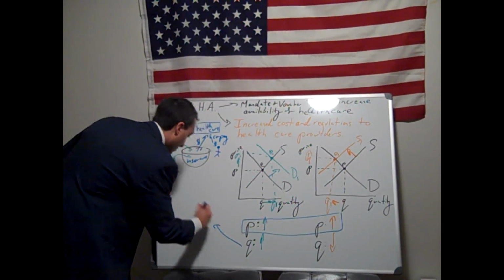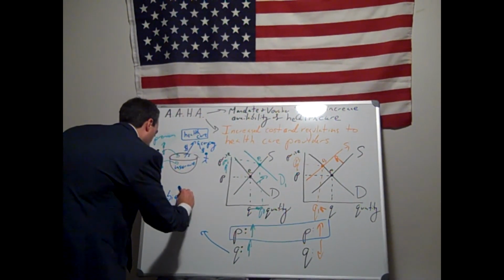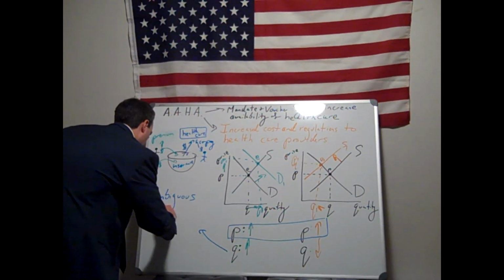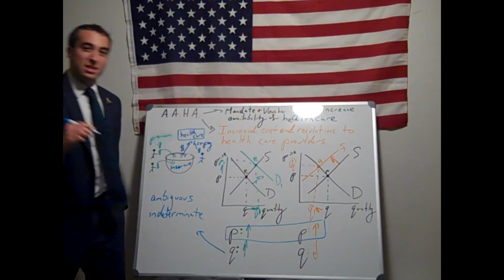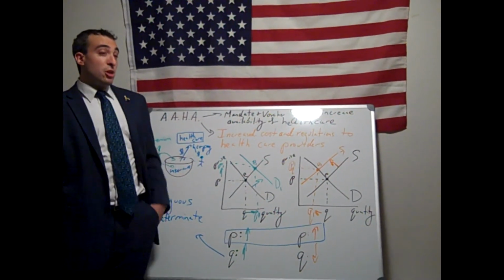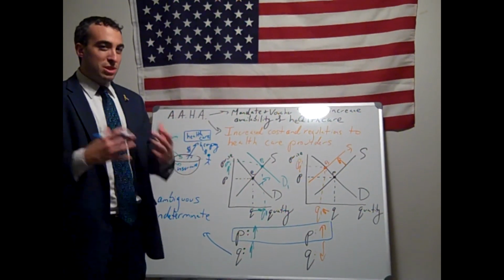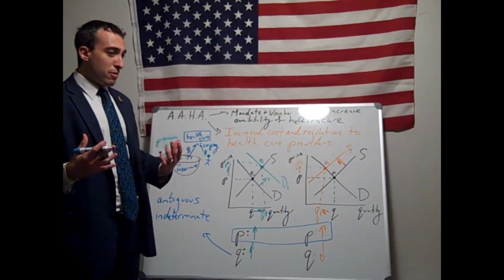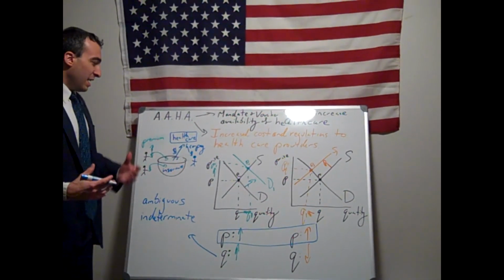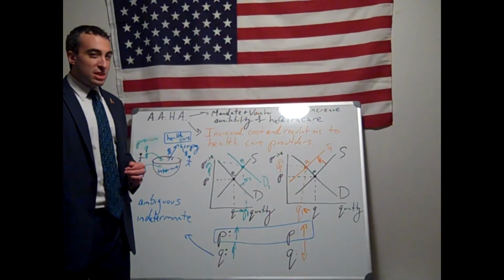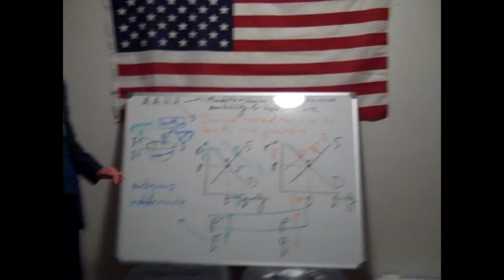So quantity is either ambiguous or indeterminate. We know it's changing, but the market forces are pulling it in two different directions. And because it's just theory, we don't know the extent each direction is being pushed. So we would say that price definitively increases, but the change to quantity will be ambiguous or indeterminate.